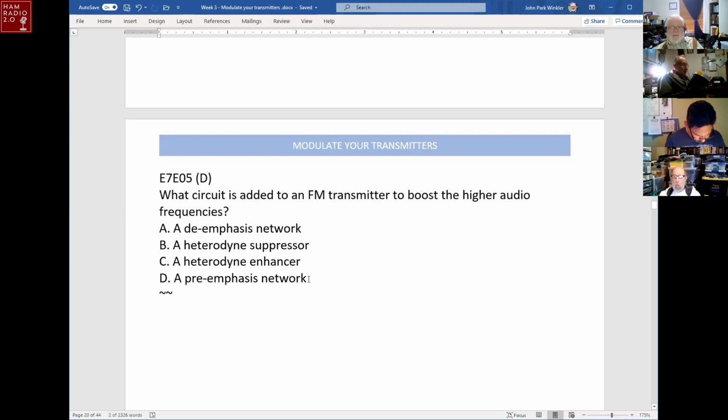The way to remember that is it emphasizes the higher audio frequencies. De-emphasis would be to reduce instead of boost. I don't know why they put heterodyne in the answers to confuse. But boost audio is emphasis, pre-emphasis.